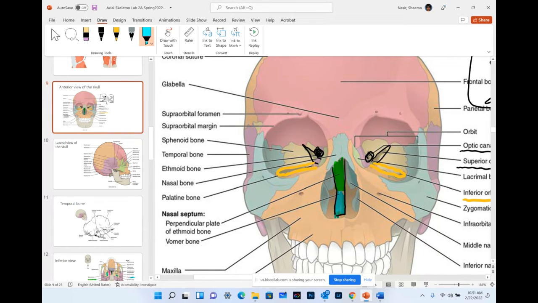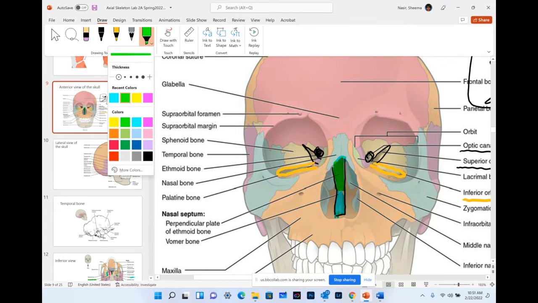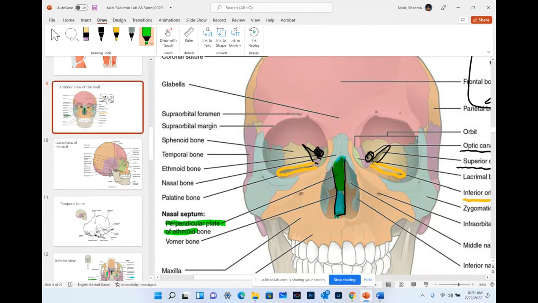The top part, which is basically attached to the roof of the nose, the nasal cavity, that is your perpendicular plate of ethmoid. That would be your perpendicular plate of ethmoid.